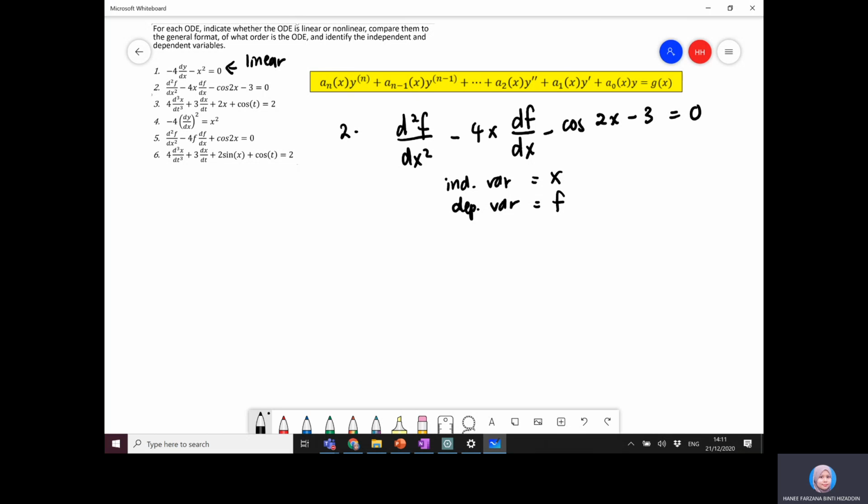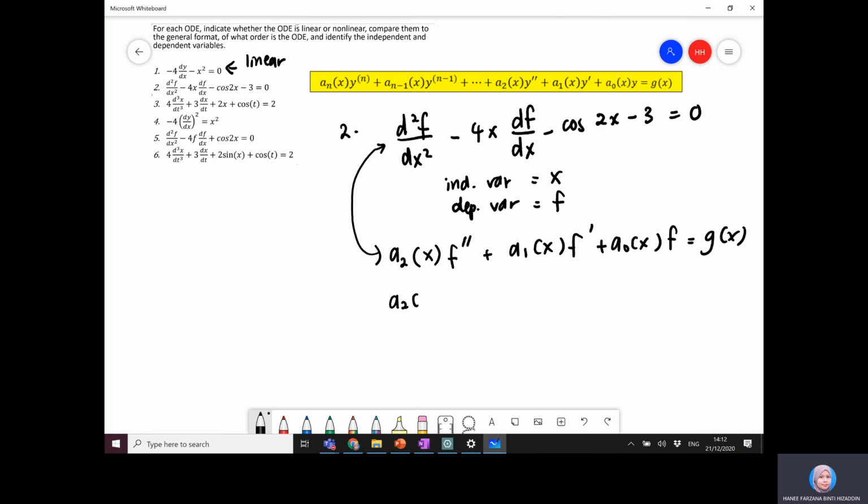It starts with the second order, so you put a2 as a function of the independent variable x times f double prime plus a1 x f prime plus a naught x f equals to a function of x, g of x. You compare this with the standard form, so you can identify which one is which. So a2 x here is equal to just 1.